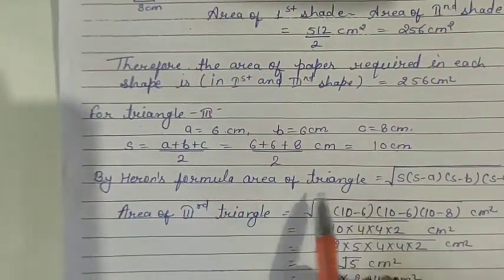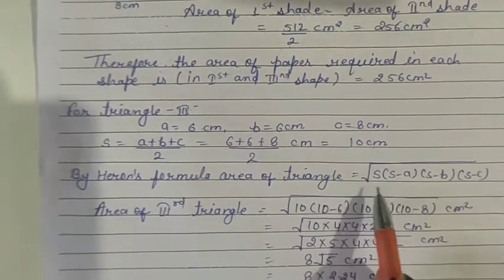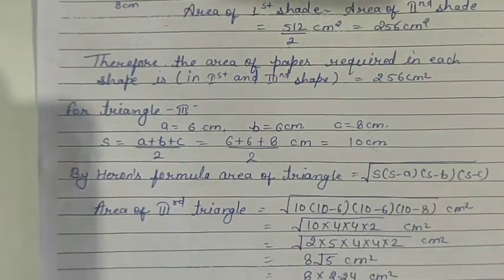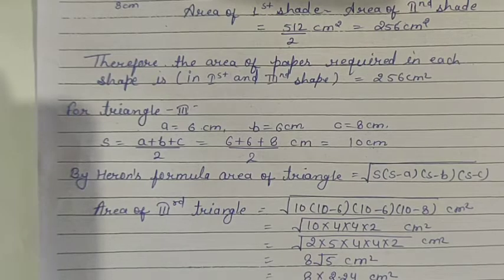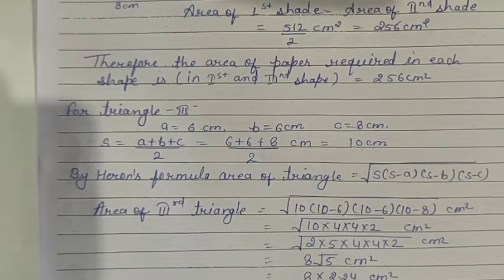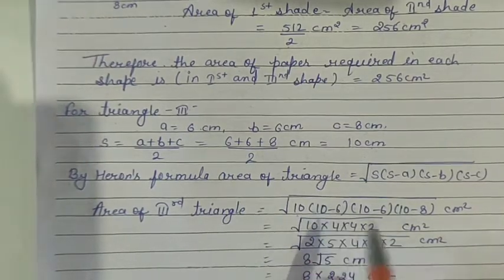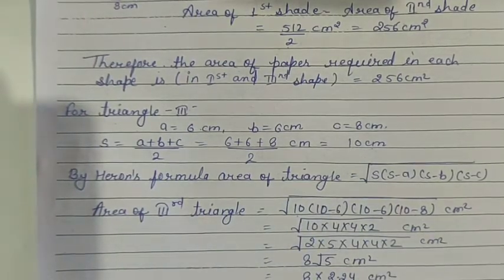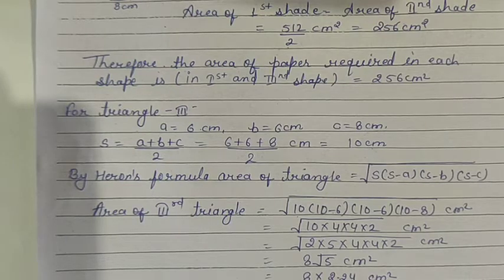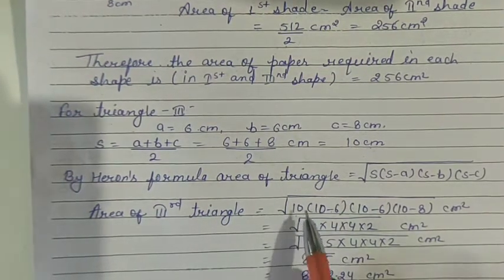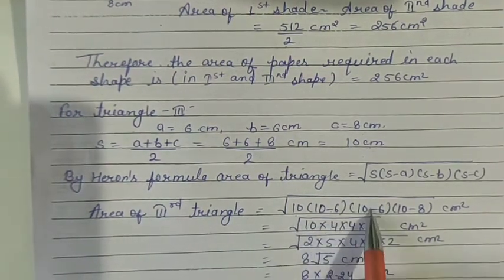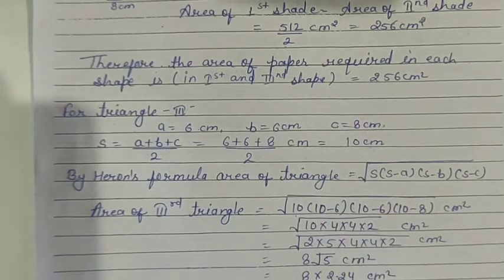By Heron's formula, the area of the triangle is the square root of S into S minus A into S minus B into S minus C. So the area of the third triangle is equal to the square root of 10 into 10 minus 6 into 10 minus 6 into 10 minus 8 centimeter square. And we will get the square root of 10 into 4 into 4 into 2 centimeter square.